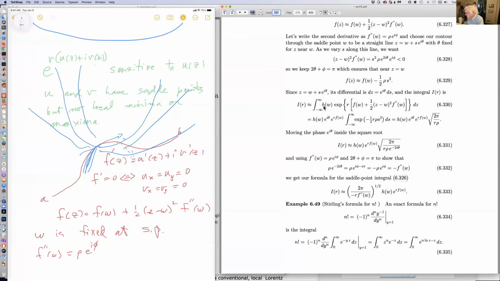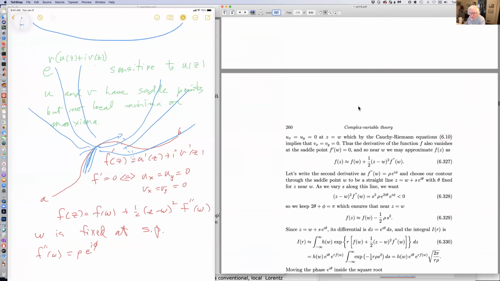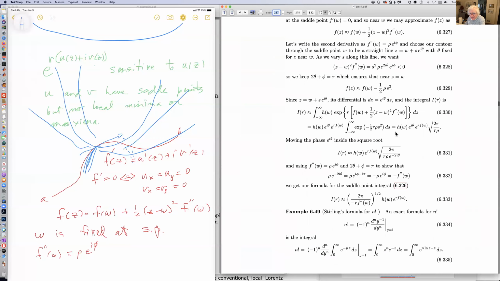We're saying that h, again, compared to the exponential, is completely asleep. So this is a sleepy function. And f of w, well, what did we say? Well, f double prime of w is that.